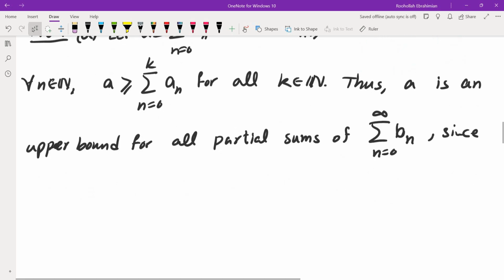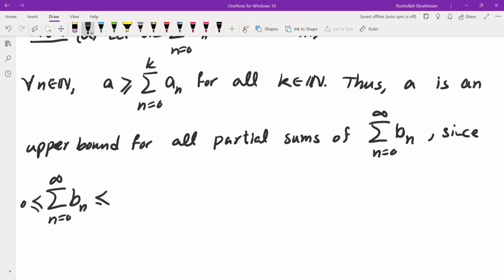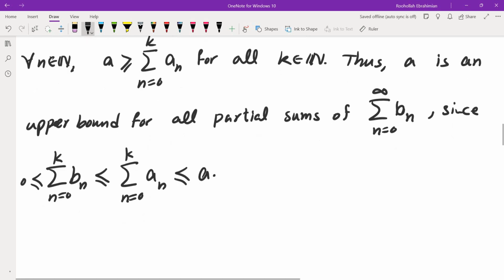Since the sum of b_n up to k is certainly greater than or equal to 0, and it's less than or equal to the sum of a_n up to k, and that's less than or equal to A. So A is an upper bound for these partial sums.